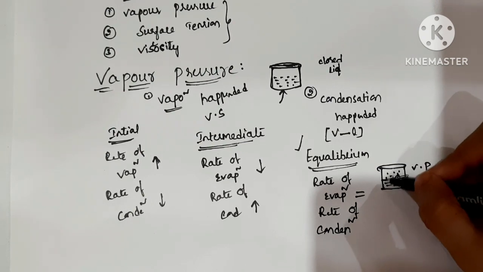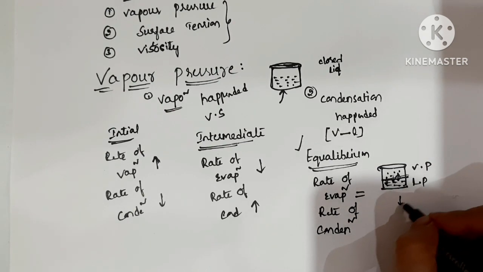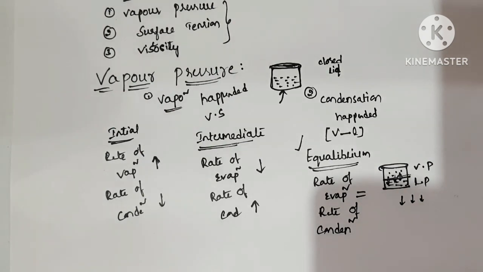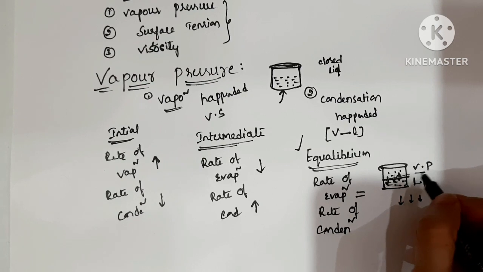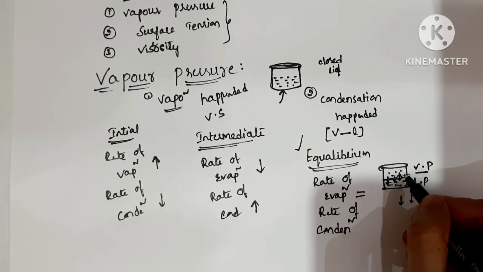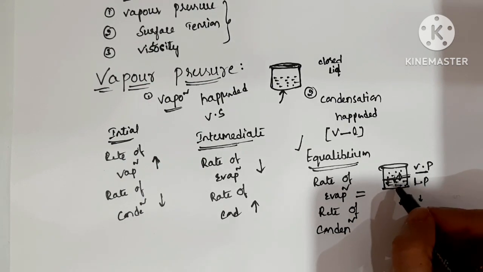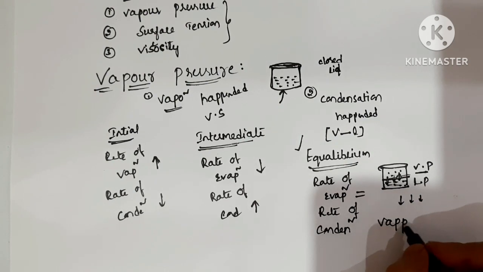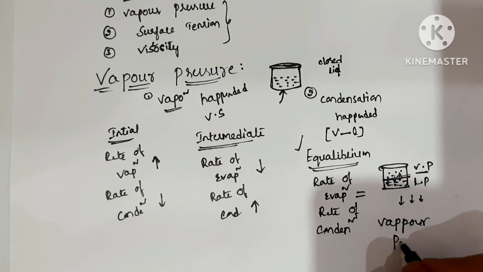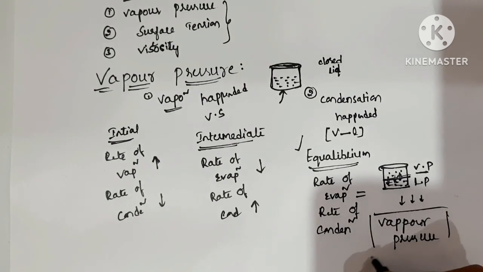The pressure is like this way, right? That means the pressure exerted by molecules present in the vapor phase at equilibrium on the liquid phase is called vapor pressure. This is vapor pressure.